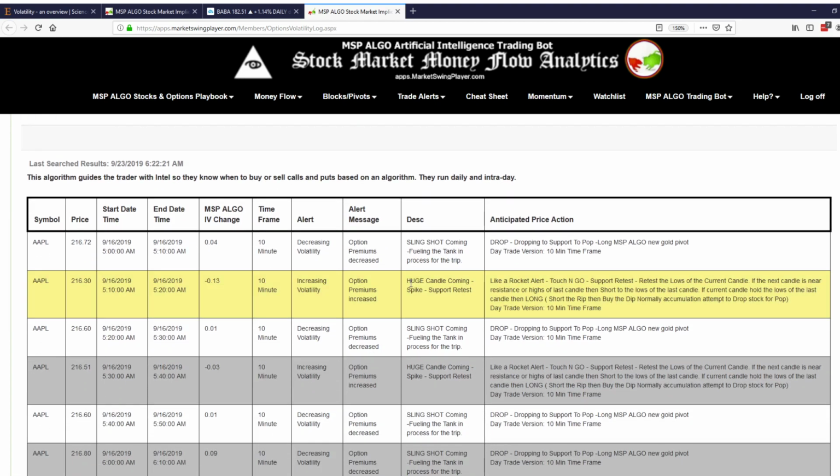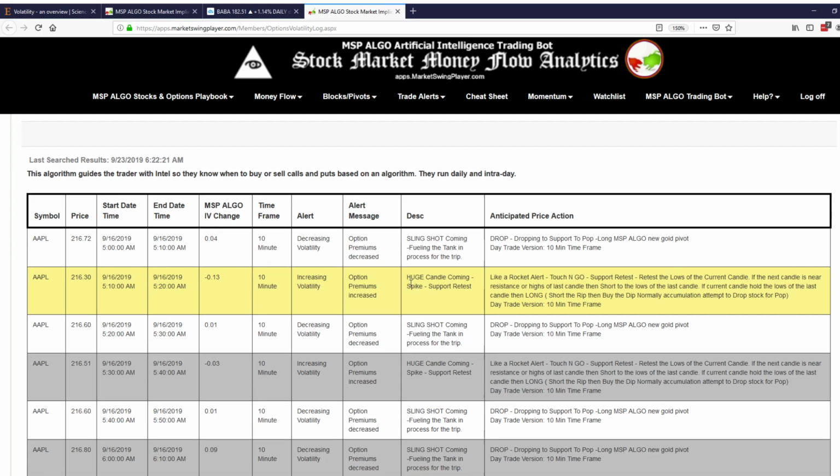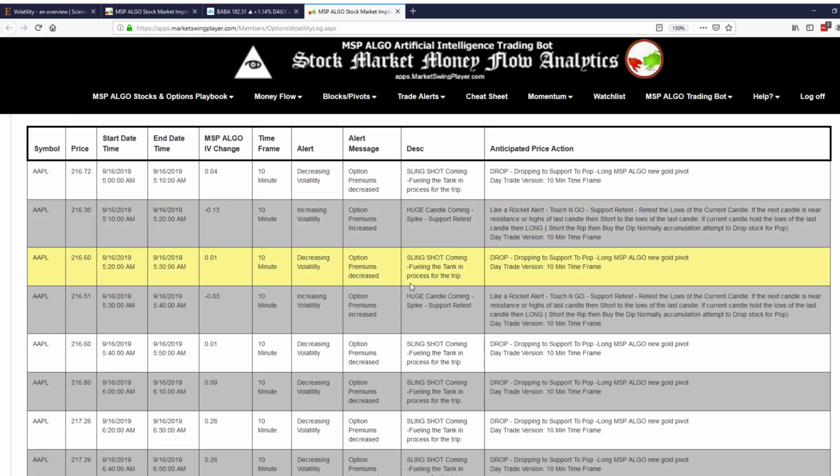information about that stock starting from market open, about what it's thinking the future price action of the stock will do based on an algorithm.